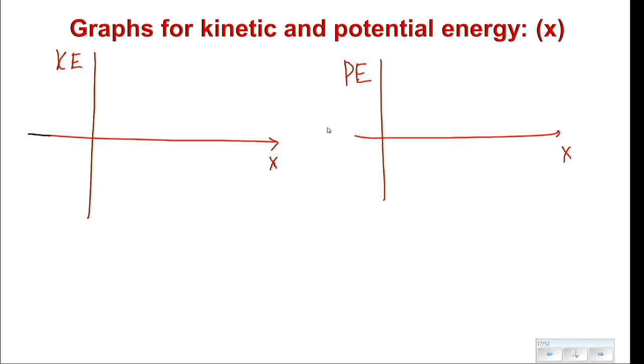Equations. Kinetic energy is equal to mv squared over 2. And now we know elastic potential energy is equal to spring constant x squared over 2.